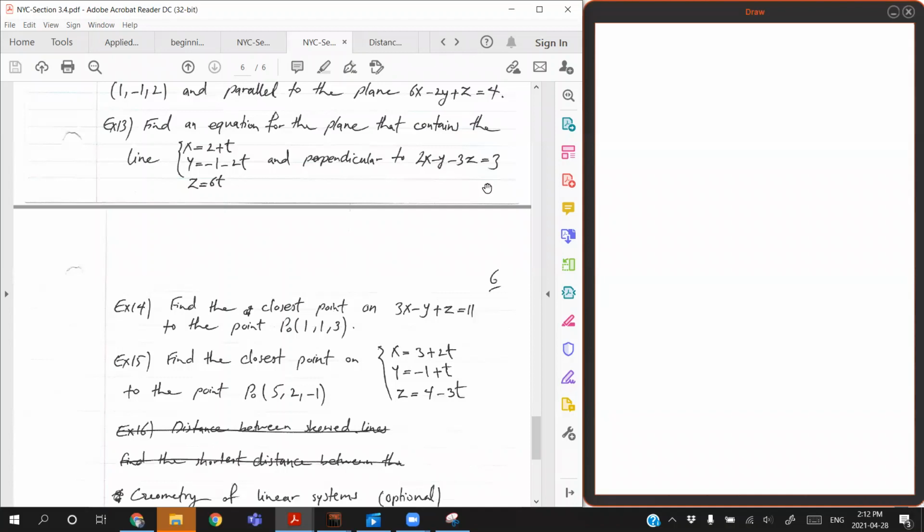You have a plane that contains this line, and that plane is also perpendicular to this other plane, and you're looking for the equation of it. So it's like this. You have a plane, and let's say this plane contains a line like this. And this plane is also perpendicular to this other plane.